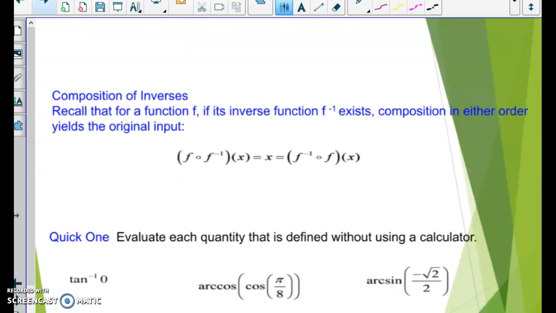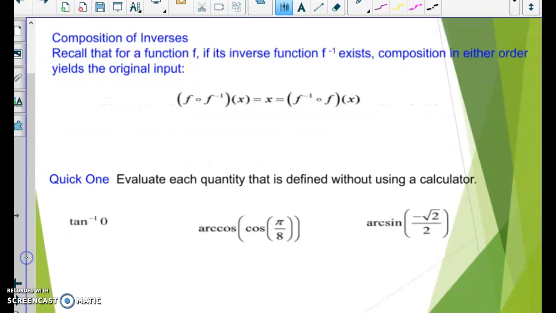all right. So the composition of inverses, we've done composition before. Let's take a look at how that's going to go down. If I have to find the angle whose tangent is, arc tan of 0.